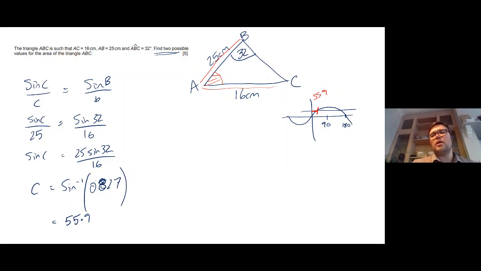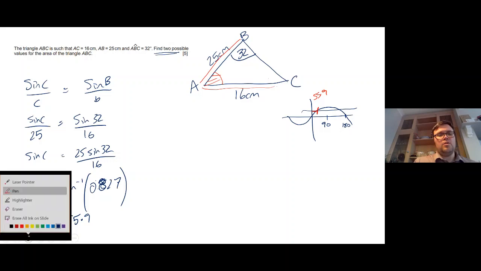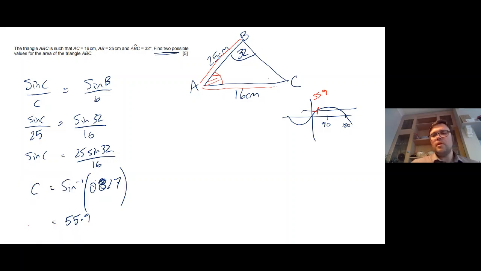So using your sine graph, the distance from 180 to where it cuts is also going to be 55.9. So my other possible answer would be 180 minus 55.9, which would give me 124.1.